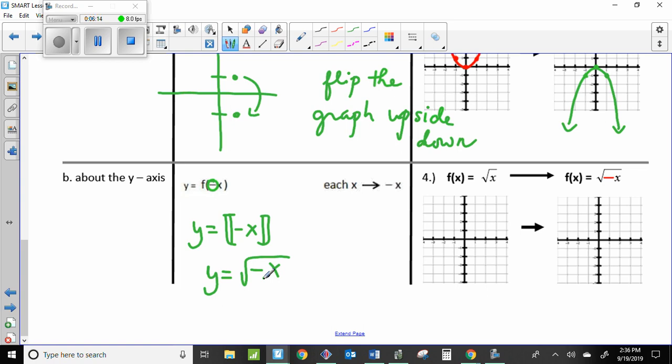So if I place a negative in front of my x, it will negate all my x values. Which means that if I had a positive x here, it's negated. We take the opposite of that. It's reflected over the y-axis. So this is reflection about the y-axis.